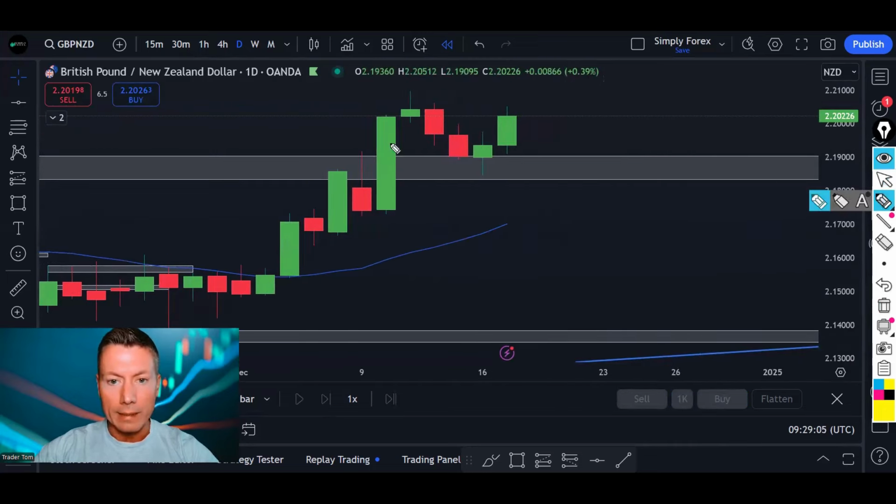But ever since we've hit this resistance level, it actually shot up.